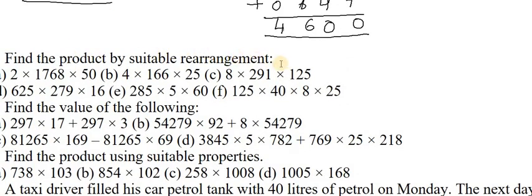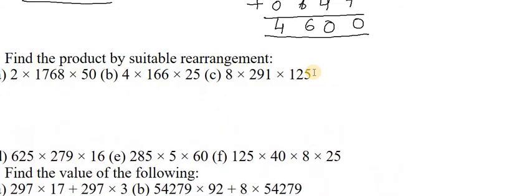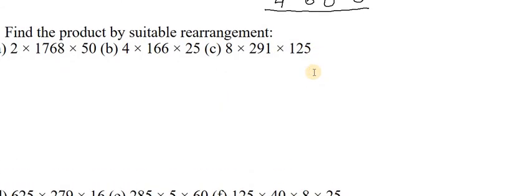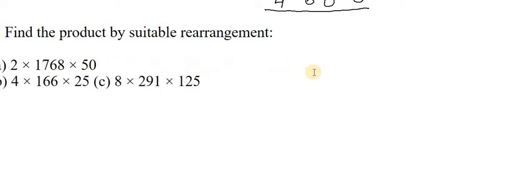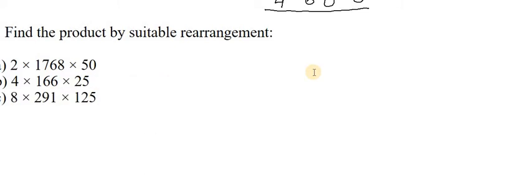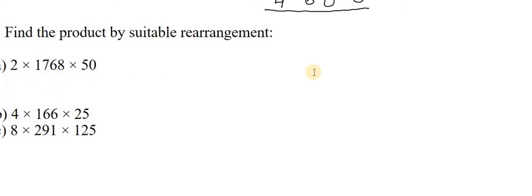Find the product by suitable rearrangement. Again the same model. So here we have so many things. Just check it out. If I multiply which two numbers will I get tens or hundreds? First we multiply those two, and then we go for the other numbers' multiplication.